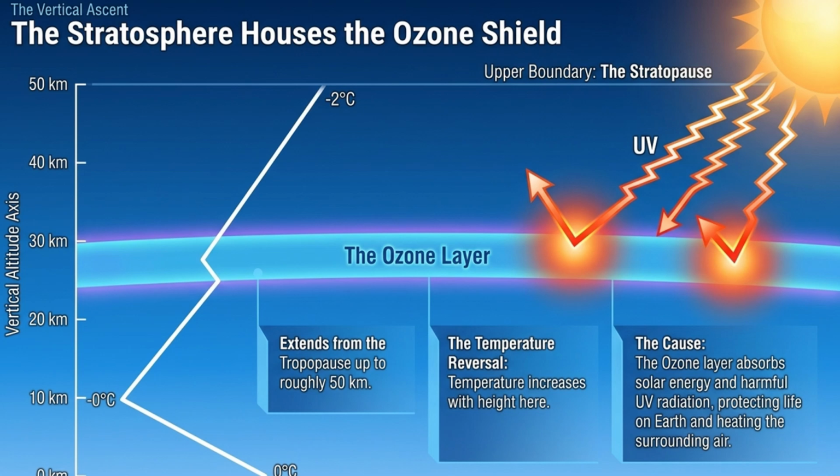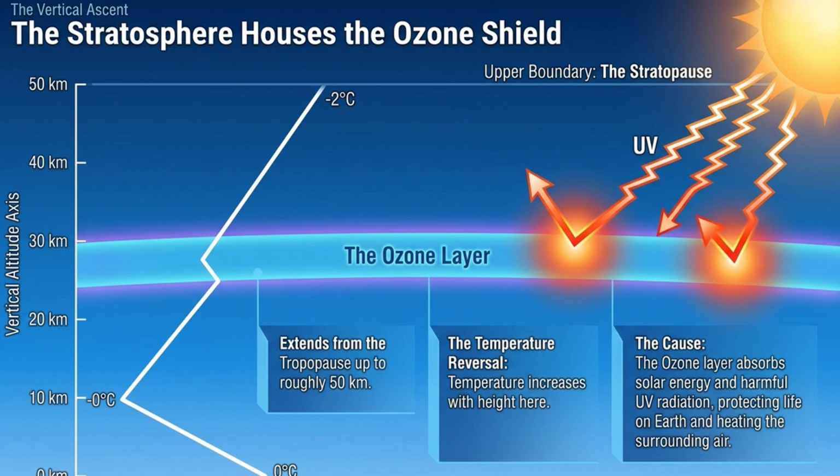The ozone layer is extremely important for life on Earth because ozone absorbs a large part of the sun's harmful ultraviolet or UV radiation. In this way, it acts like a protective shield and helps protect living organisms from excessive UV exposure. The temperature pattern in the stratosphere is also different from the troposphere.